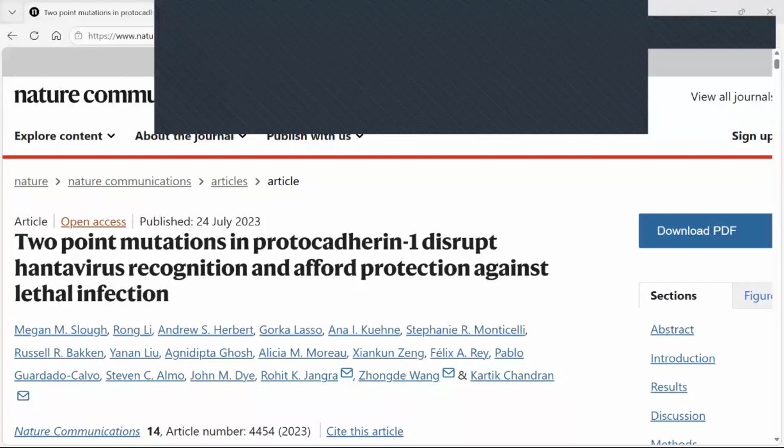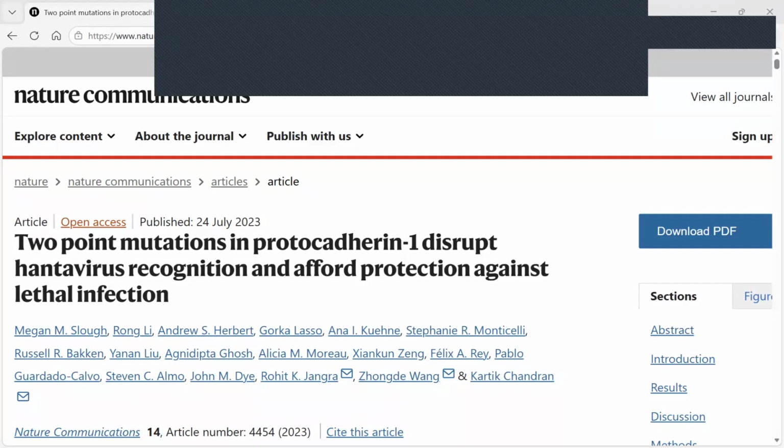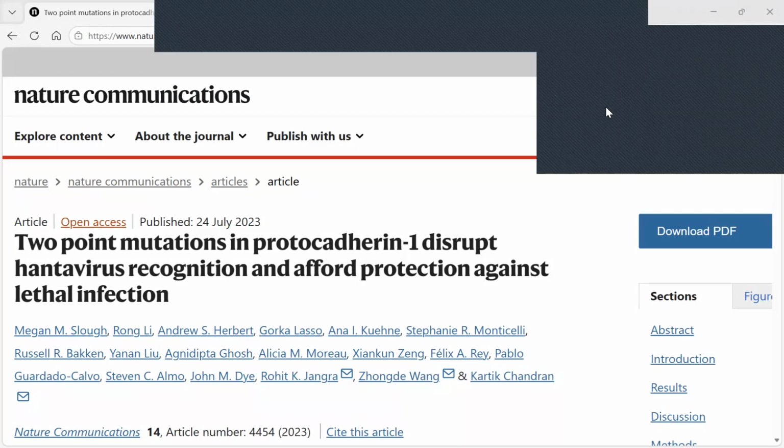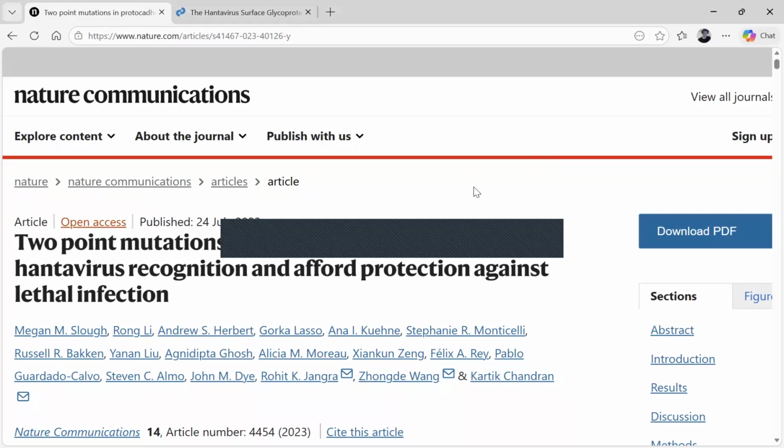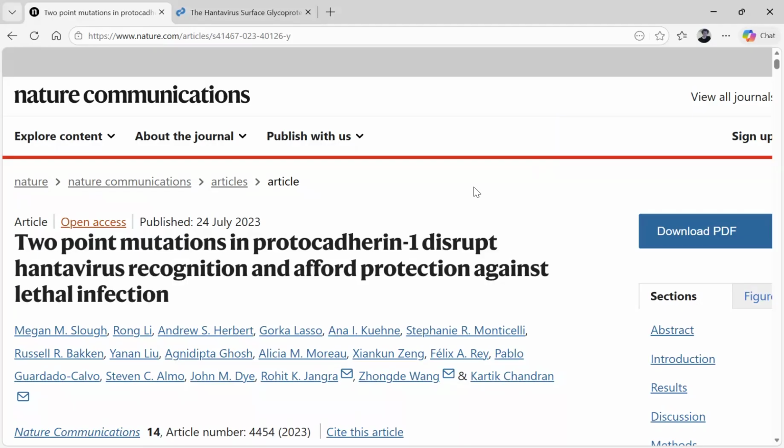Now, what I want to do is also share my screen for the spike and the receptor. So what we're going to do is talk about the receptor really quickly first. Now, this receptor is a Protocadherin-1 receptor. And protocadherins are really important.